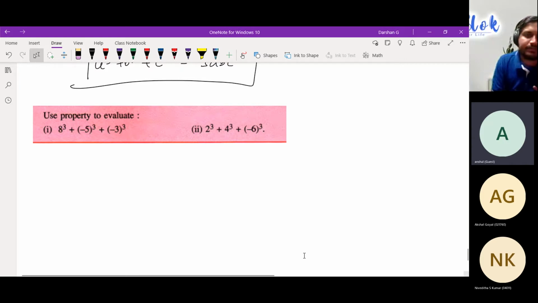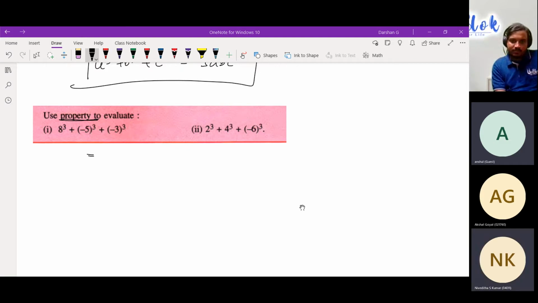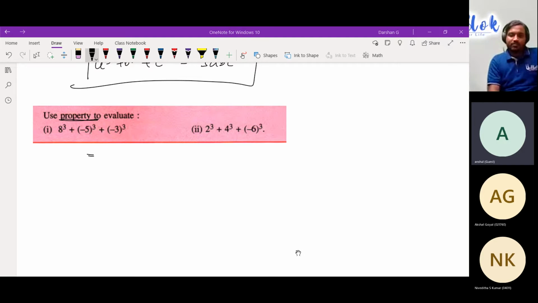First answer? They know they have to use the property. Nivedita, what's the answer? I have to do it, sir. Yes, use the property which we discussed right now, the a³ + b³ + c³ property.